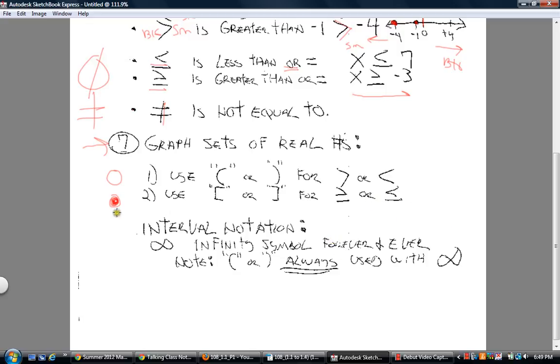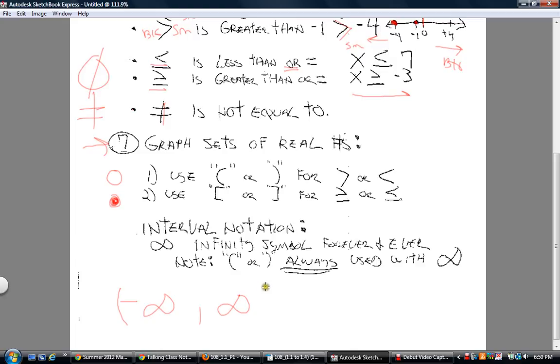Finally, I mentioned this before a couple pages back, but interval notation, infinity is either negative infinity, which means you're going towards greater and greater larger negative numbers, and you can also go towards positive infinity. You do not have to put the plus sign on there. Using the set notation here, if I ask for all real numbers, that would be represented by the parentheses.